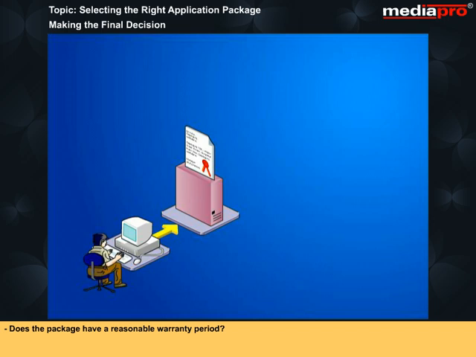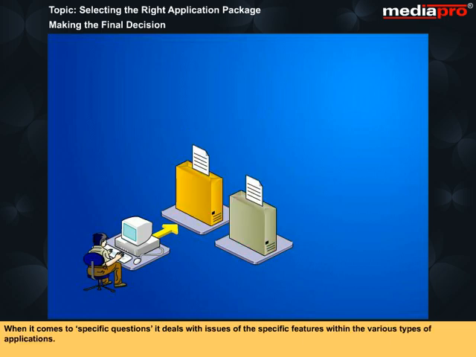Does the package have a reasonable warranty period? Do the package features and functions represent good value for money? When it comes to specific questions, it deals with issues of the specific features within the various types of applications.